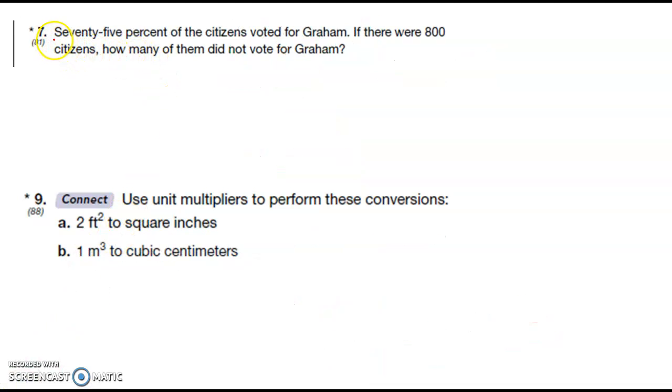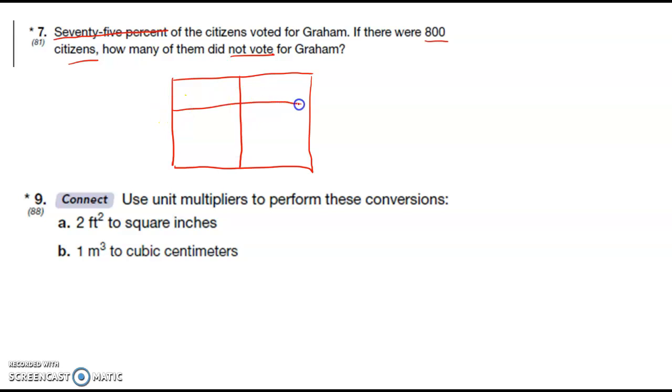Okay, 75% of citizens voted for Graham. If there were 800 total citizens, how many did not vote for him? So this is begging for a ratio box. Percent, actual. This is voted, not voted for. We have 100%. 75% voted for Graham, so 25% did not.